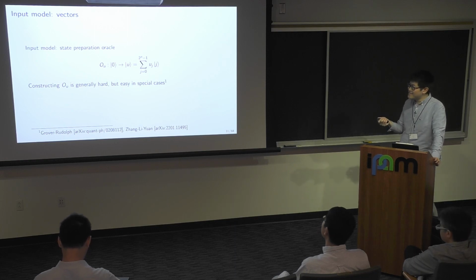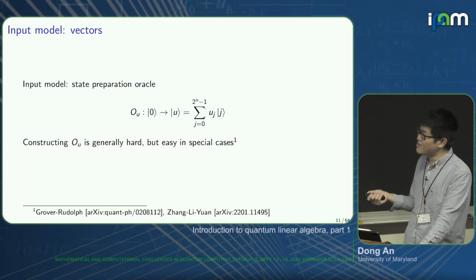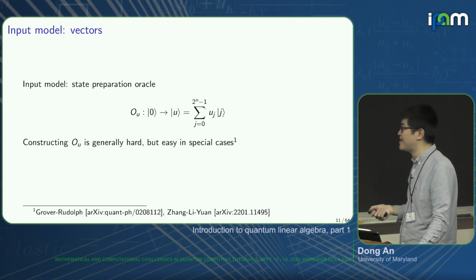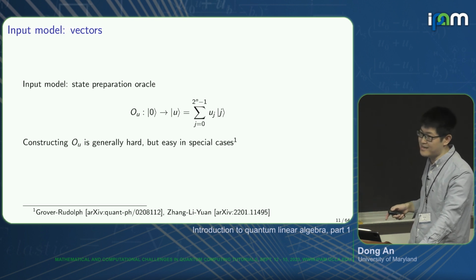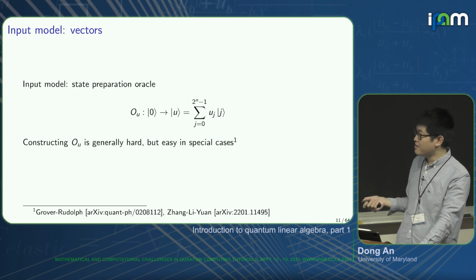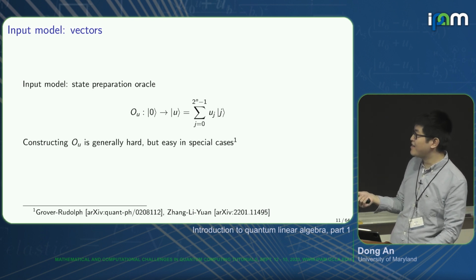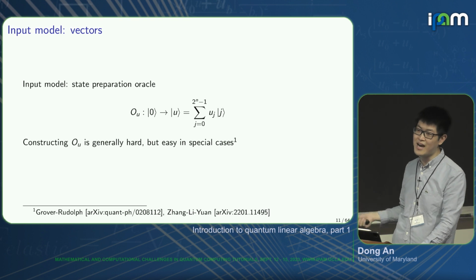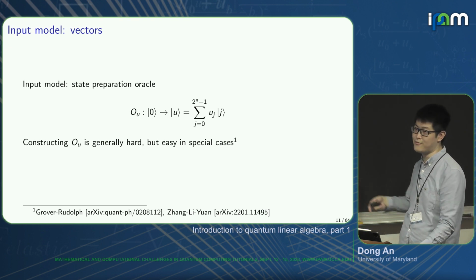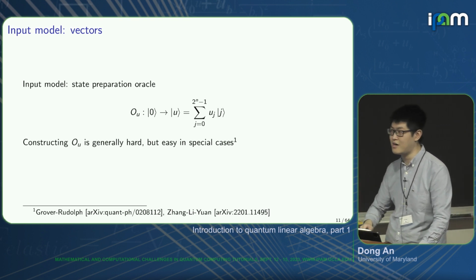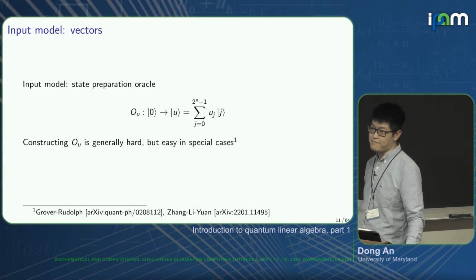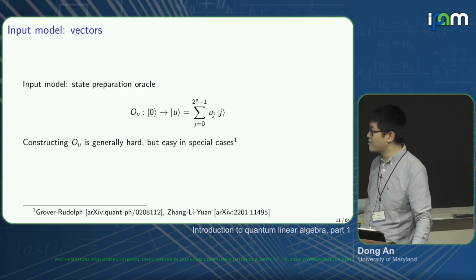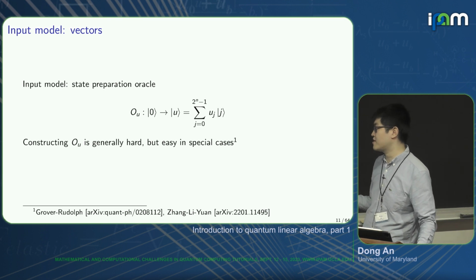Assuming an efficient state preparation oracle is a very big assumption, because constructing this oracle is in general hard. In the worst case, you probably have to pay a cost linear in 2^n in the overall gate complexity. But if your quantum state has some nice structure, then the cost can be lower, maybe only polynomial in n.